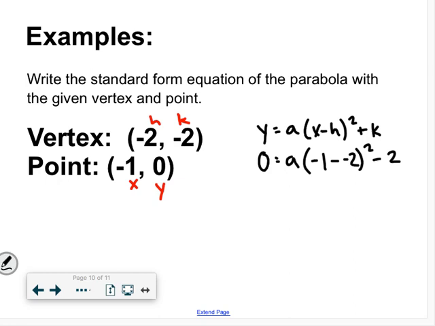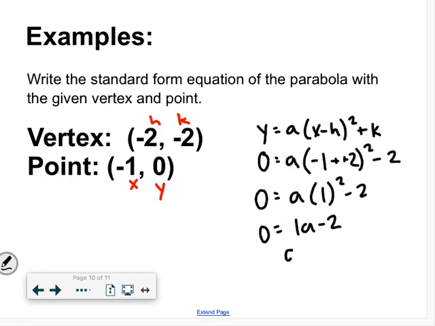And then on that side where all that stuff is happening, just work that out. Order of operations. So you should do the thing in parentheses first. -1 plus 2 would be 1. So that's a times 1 squared minus 2. 1 squared is 1. So that's 1a minus 2.